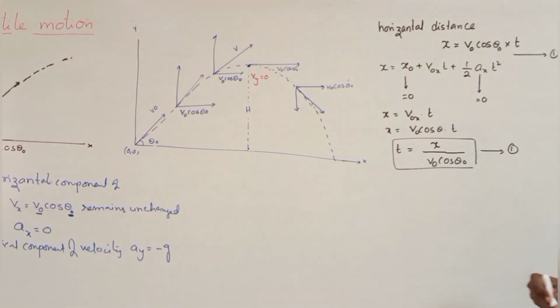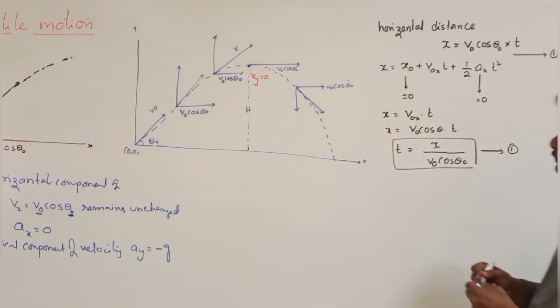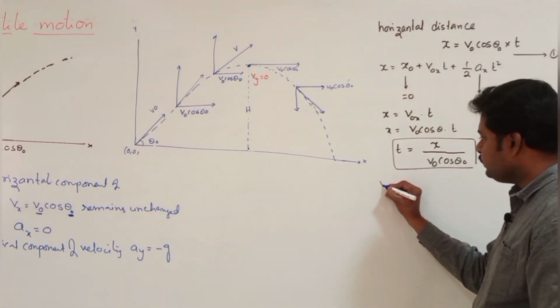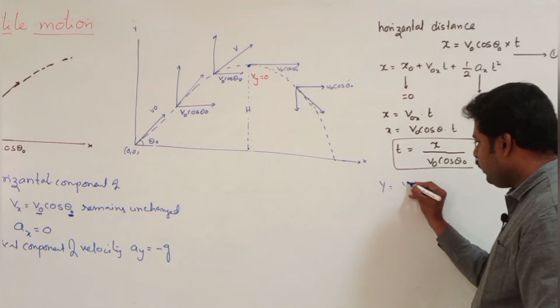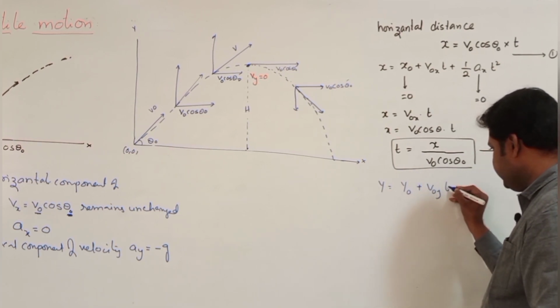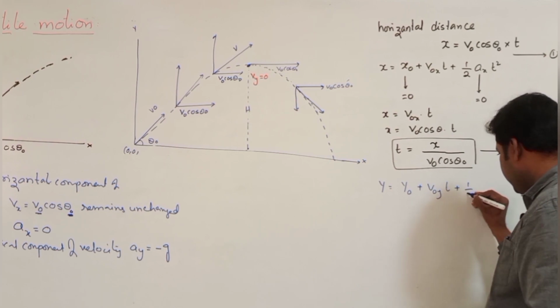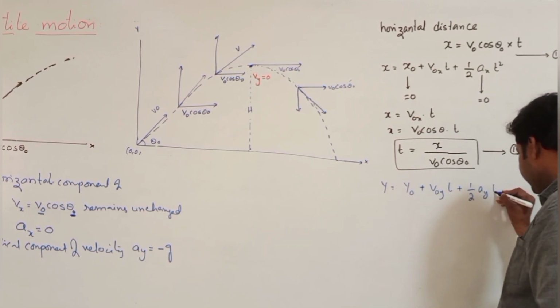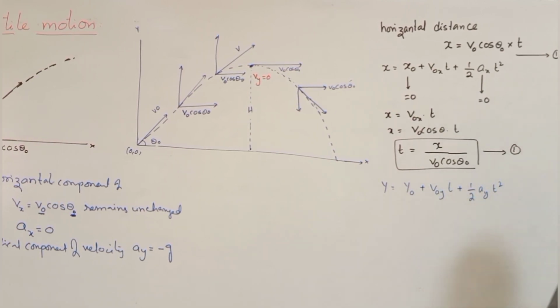Now what is the y distance? Vertical distance, with y is equal to y naught plus V naught y t plus half a y t square.